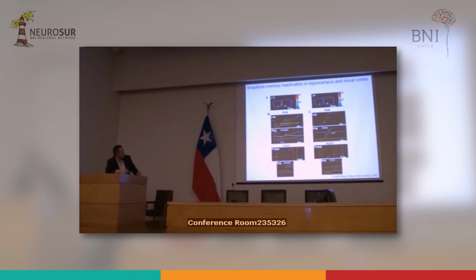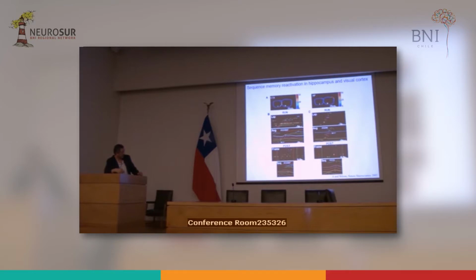And here you can see the sequential nature of visual cortical activity imposed by running on this track with visual cues in it. This is activity of 8 or 9 cells as the animal runs one lap. You can see the visual cortical cells firing in order, and here, the hippocampal cells firing in order. And then the animal goes to sleep. We look in non-REM sleep, and what you find is there are periods in which you find the same visual cortical cells firing with a structure that resembles the sequential structure during wakefulness.